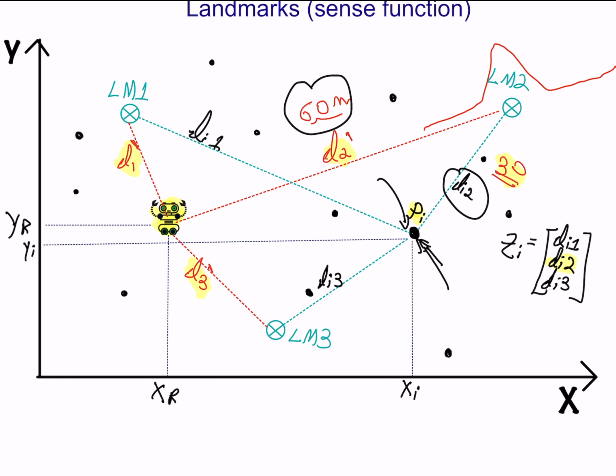So now I need to ask myself, given a known standard deviation of the sensor, how probable is it for a distance of 30 to get 60? And this will be a very tiny figure. And I need to multiply this tiny figure by the probability of di1 when we actually get d1. And I need to multiply it by, again, what happens with d3. So we end up with very small numbers, and therefore we need to normalize them. And we'll speak about it in the next video.